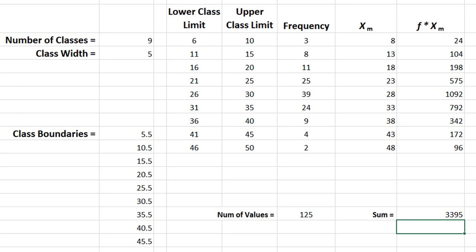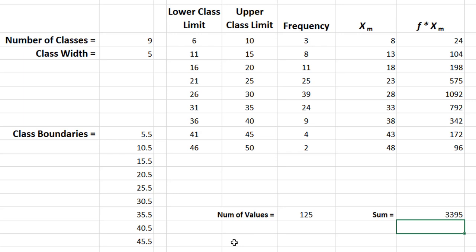You all know that in order to calculate the mean of something, you add up all your values and you divide by the total number of values you have.